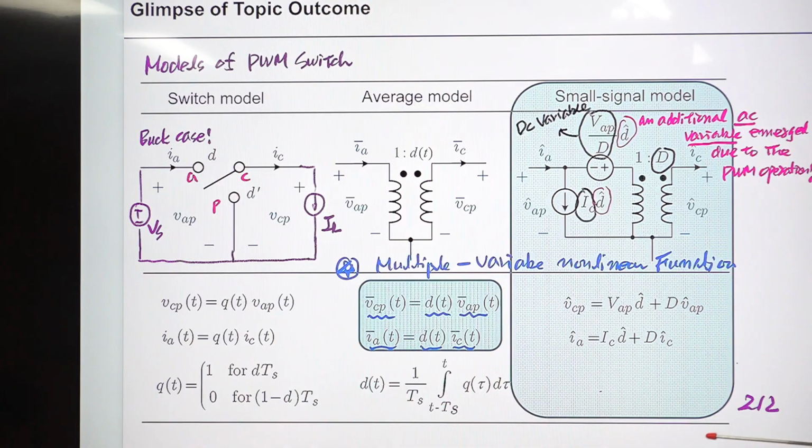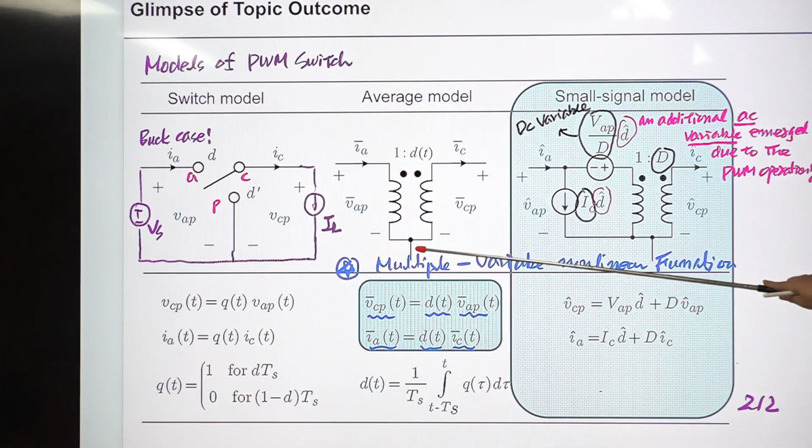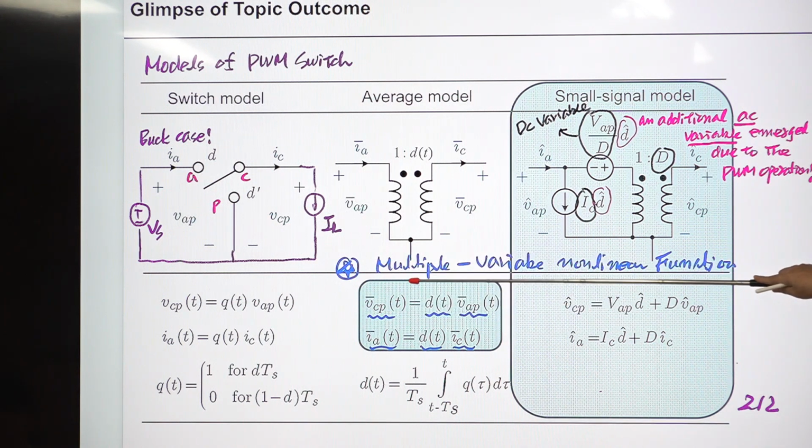So this is a definition. This is also a nonlinear equation, in particular a multiple variable nonlinear function, because one time varying variable and another time varying variable multiply together and generate time varying waveforms.